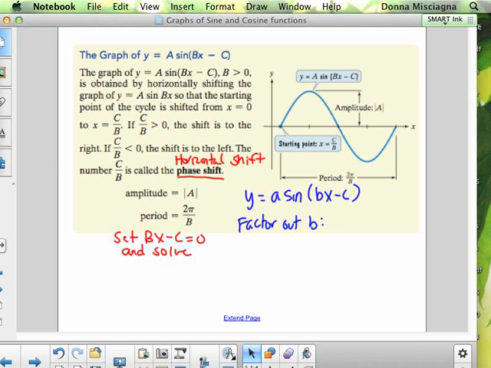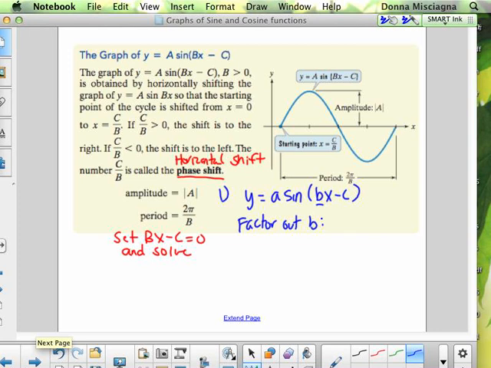Way number 1, I'm going to do this one first. Choice 1 is you can factor out b. If b is not in the parentheses and it is not attached to x, then you would skip this part and go right to the ending here. But let us say that it is not factored out.